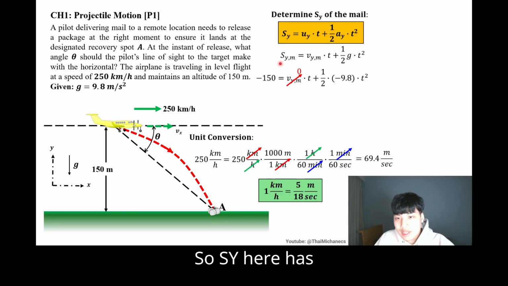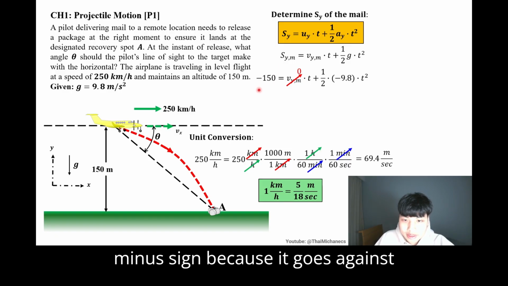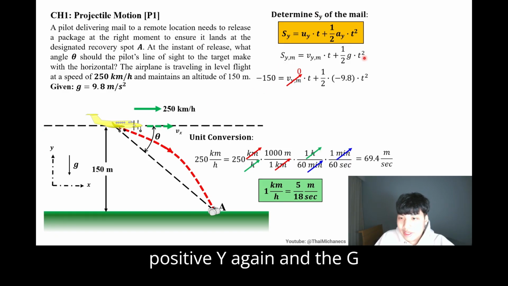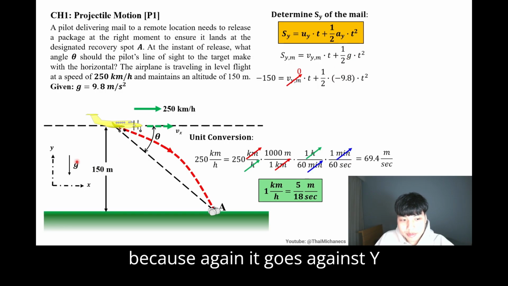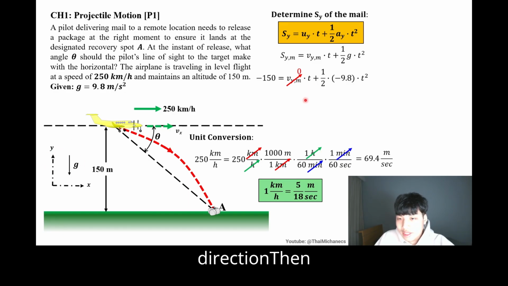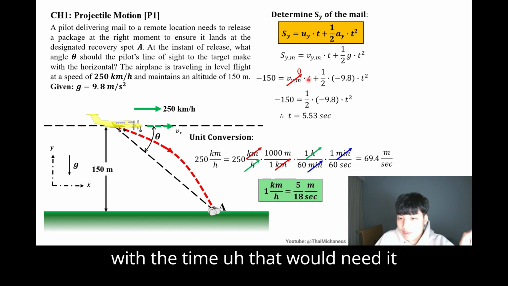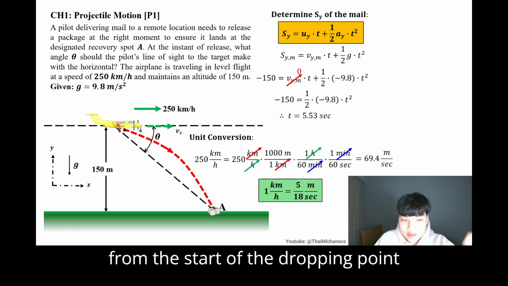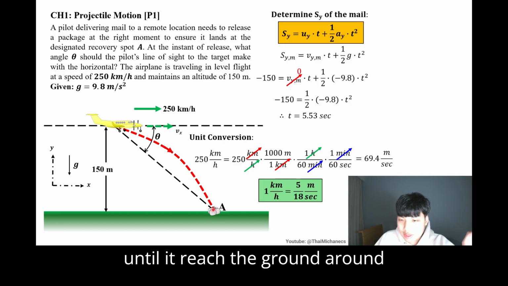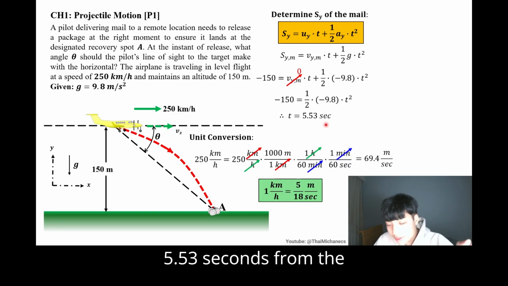So s_y here has a minus sign because it goes against positive y, and the acceleration g also has a minus sign because it again goes against the y direction. After we compute it, we are left with the time needed from the dropping point until it reaches the ground, around 5.53 seconds.